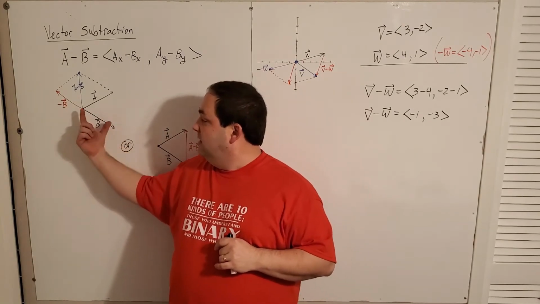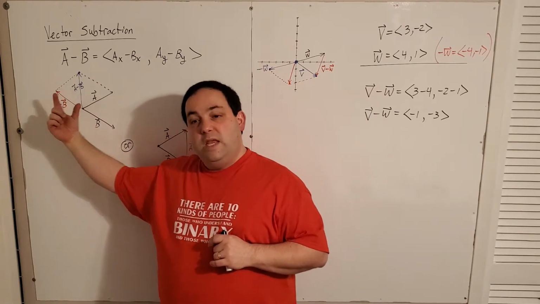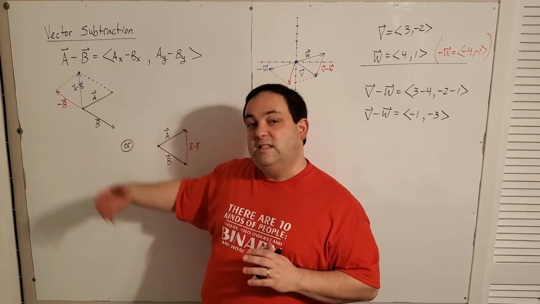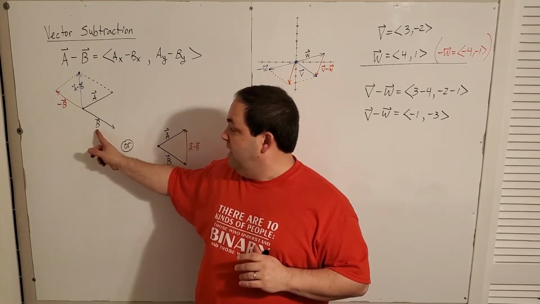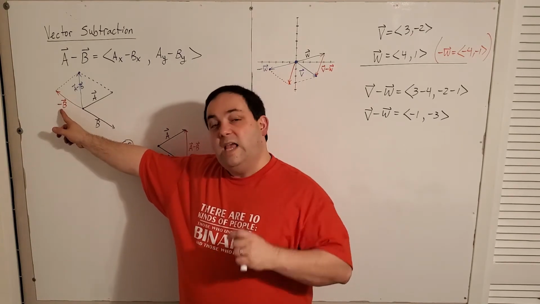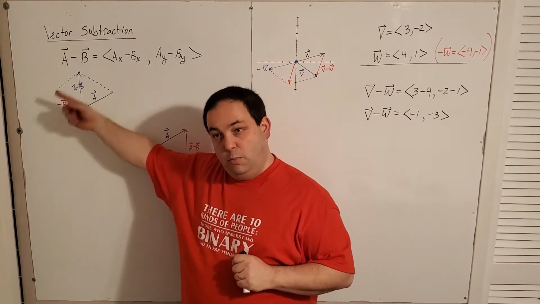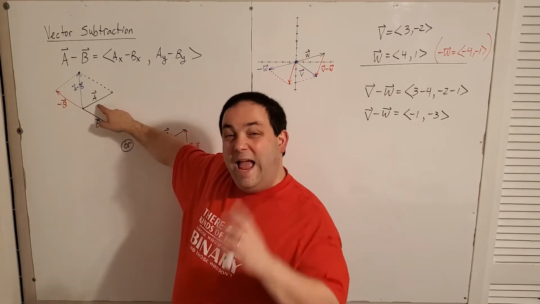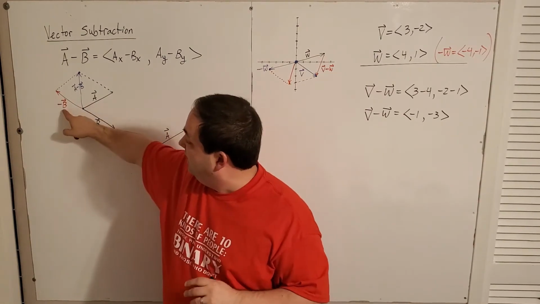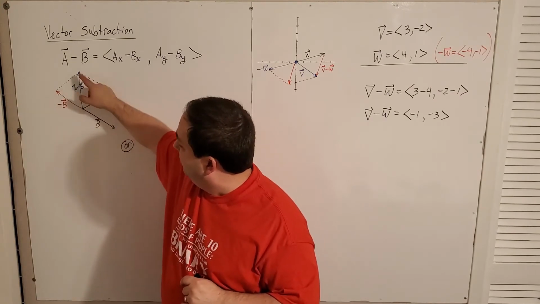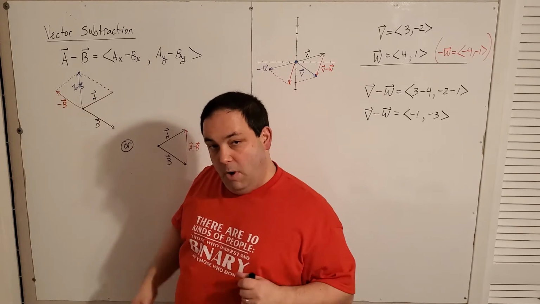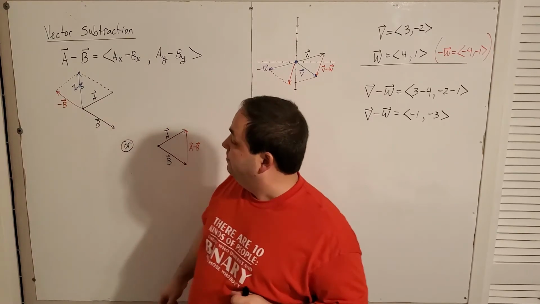And all it does is it gives me the same exact length of b, but it's pointing in completely the opposite direction. They call it anti-parallel. So this is b, and then -b is anti-parallel of b. It's pointing in the other direction, same length. If I vectorially add a with -b, parallelogram method, I get this vector here, which would be a minus b, a vector minus b vector.